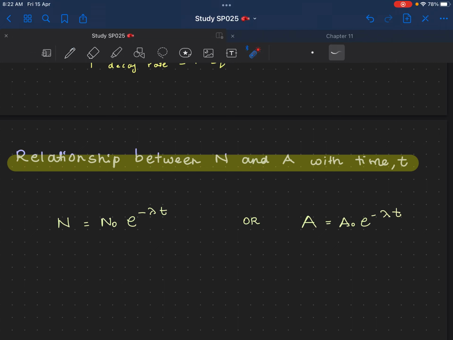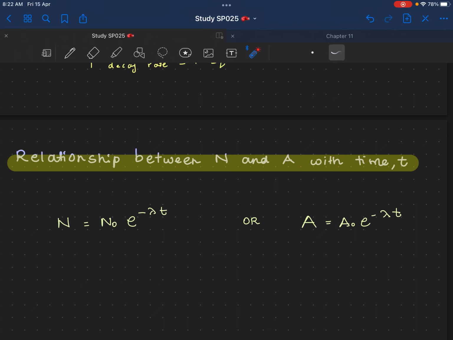This N naught is the initial number of nuclei, so at the start we have 1000 very unstable nuclei. Say they ask, in 10 years time, how many N are left? Could be only 50 from 1000. So that is the use of the equation.